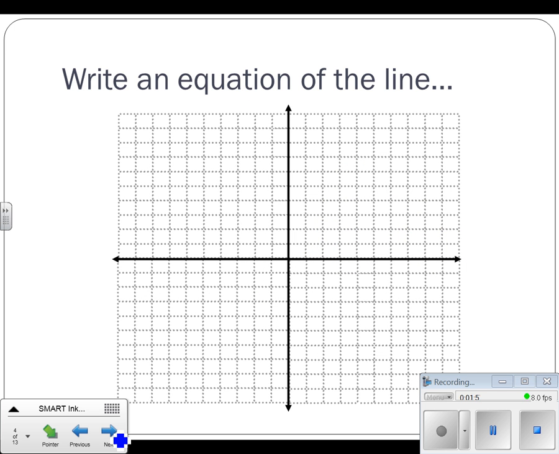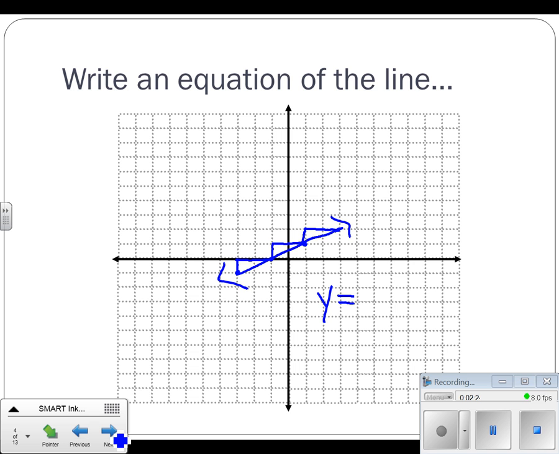I'm going to make another graph here. Connect the points. If we were going to write an equation for this one in slope-intercept form, we would go y equals, we see the slope is rise 1, run 2.